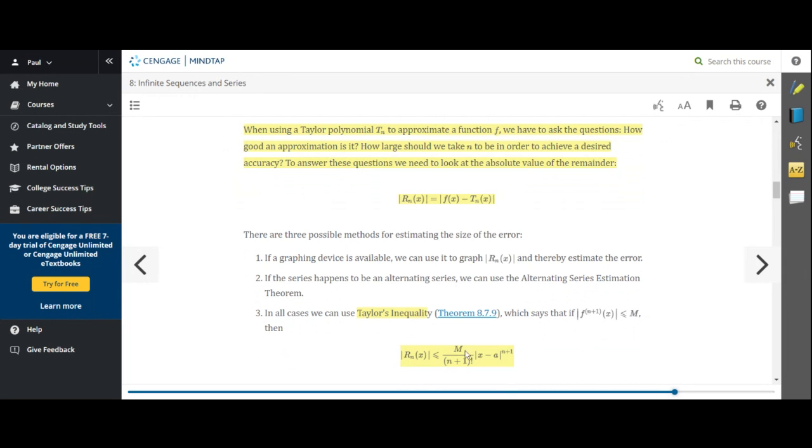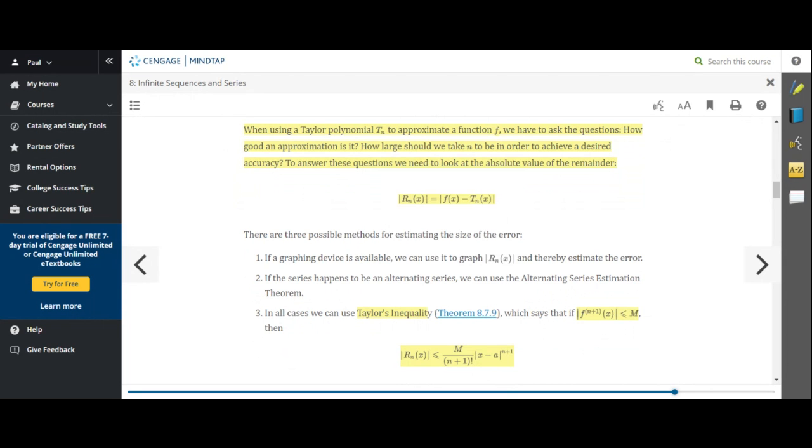The absolute value of the remainder is less than or equal to M over n plus 1 factorial times the absolute value of x minus a to the n plus first power, where the value of M is determined by finding the largest value of the n plus first derivative over the interval at your x value.